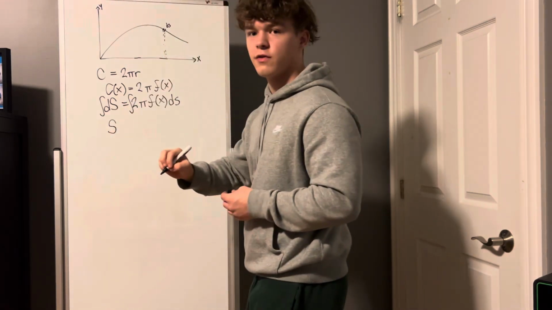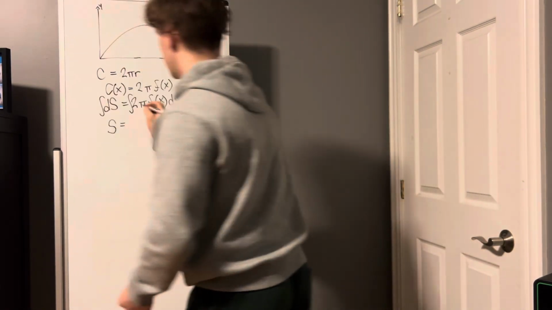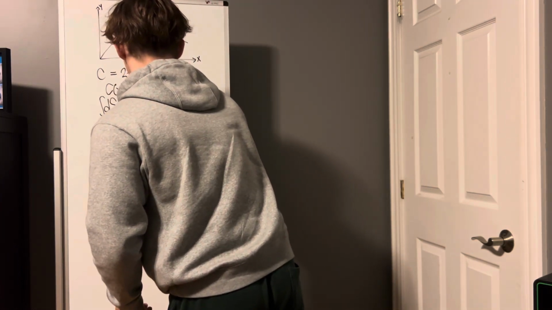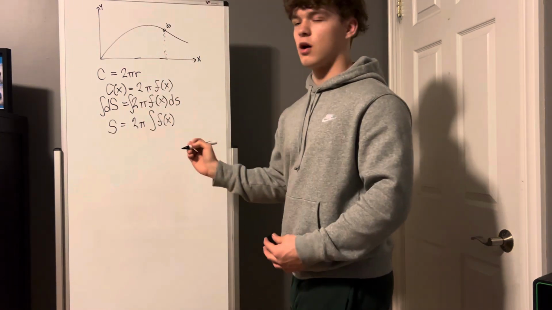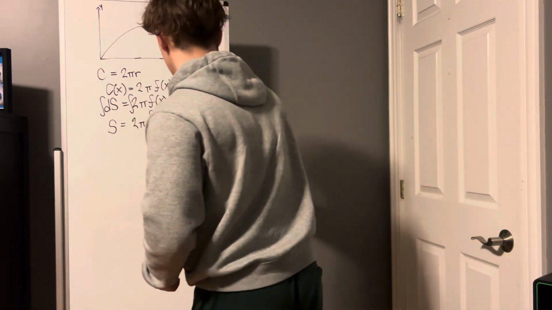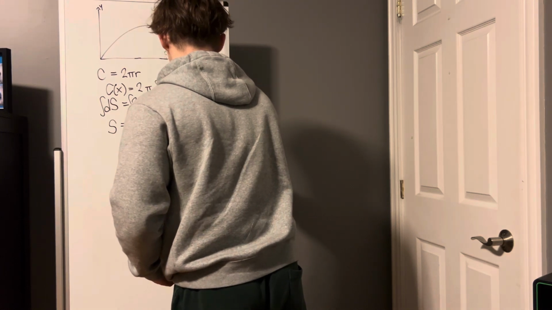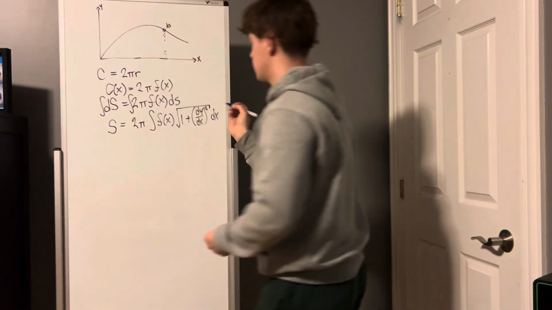So our total surface area equals, we can take the 2 pi out, 2 pi integral f of x times small ds. What's the small ds? Well, that's root 1 plus dy over dx squared dx.